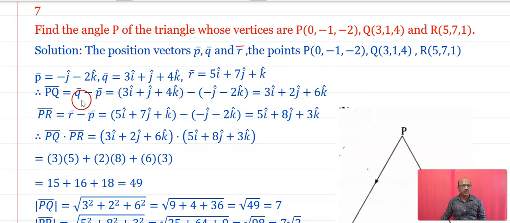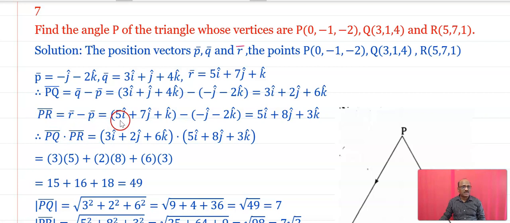PQ bar. PQ bar means what? Q bar minus P bar. That is 3i cap plus j cap plus 4k cap minus in bracket minus j minus 2k cap. If you simplify, you will get 3i cap plus j and here plus j, you will get 2j, 4k plus 2k, you will get 6k cap. What about the PR bar? R bar minus P bar.